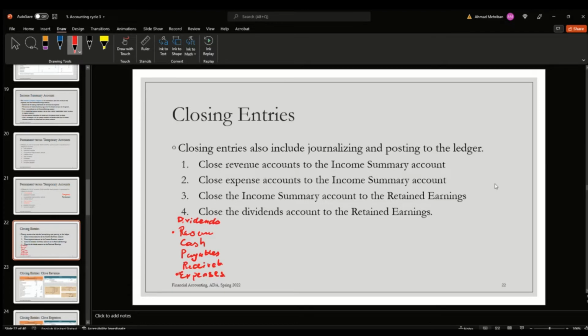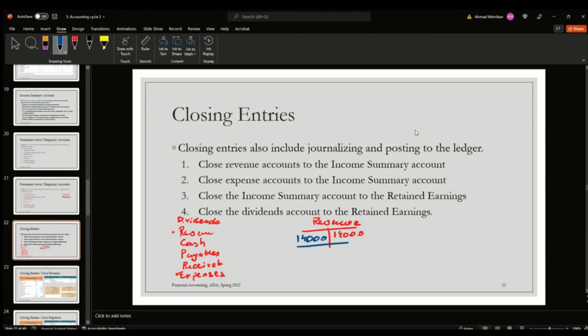What you will do, whatever amount is in the revenue, you will enter exactly the same amount on its opposite side, so the debit side. Normally this is our revenue. The balance is on the credit side because revenue increases through the credit side. Now we have to make a closing entry, and that will be 14,000 to the debit side.